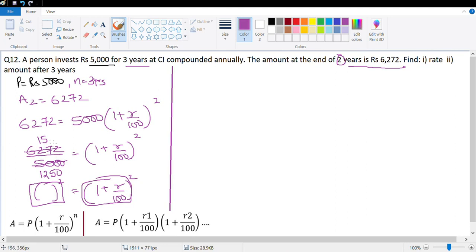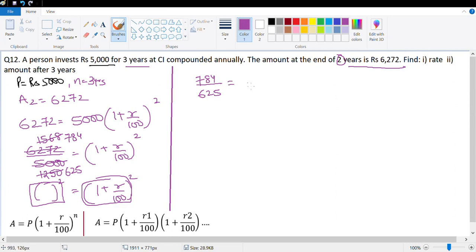Next is 27, so which means 4 into 6, 24. Next is 32, which means 4 into 8. Yes, this is correct. And now I notice 2 is still a factor, which means this is 625. Yes, this is 625, and this will be 2 into 7, 14, 16. So that's 8 and 4. So now what we have is 784 upon 625.